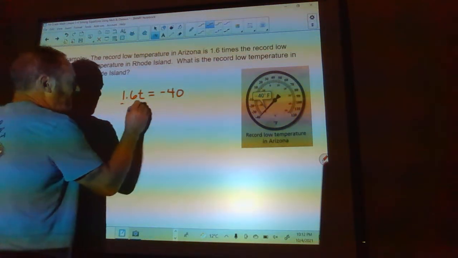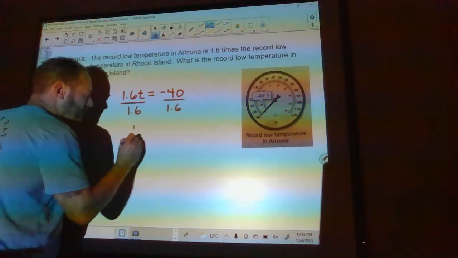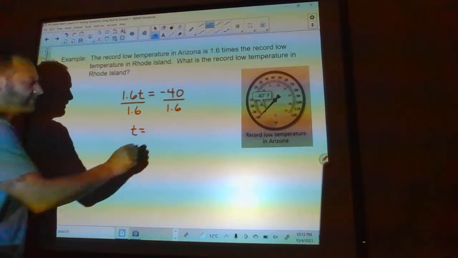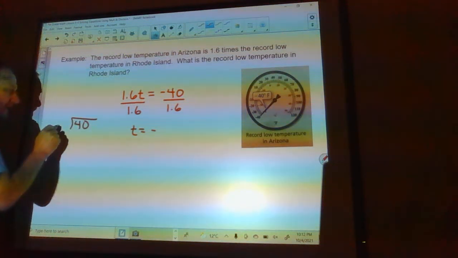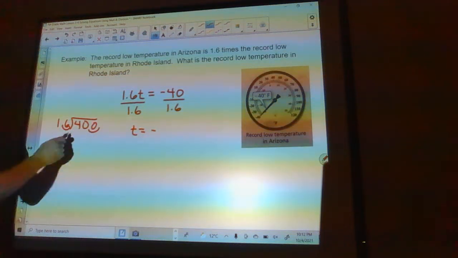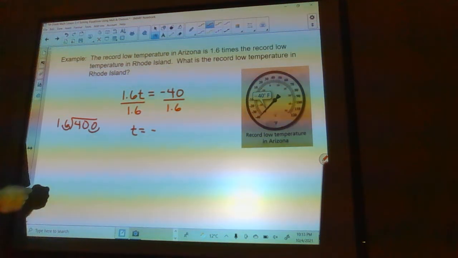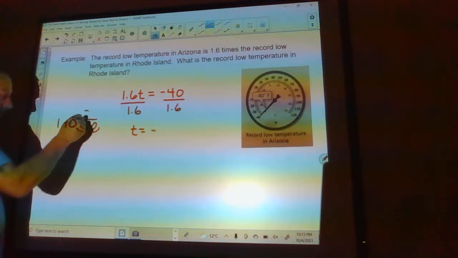Now I'm going to go ahead and divide by 1.6. So t equals, it's going to be negative. Let's see, I don't have a calculator, so I'm going to have to do this by hand. 16 will go into 40 twice.